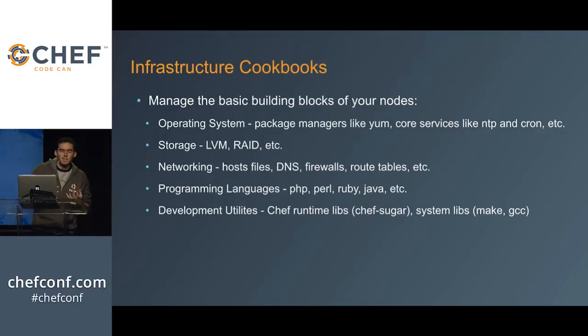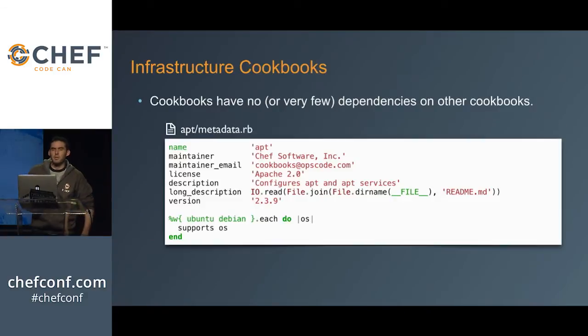And you can identify what makes an infrastructure cookbook by looking at its dependencies. Because it's at the lowest layer, it's the base, they typically have no or very few dependencies on other cookbooks. So that's an indicator that you can use to determine whether something might be an infrastructure cookbook or not. And then you can figure out where it fits in your application stack based on that.